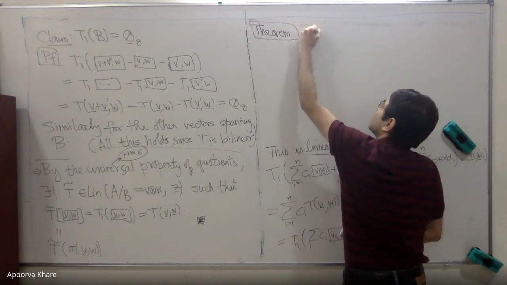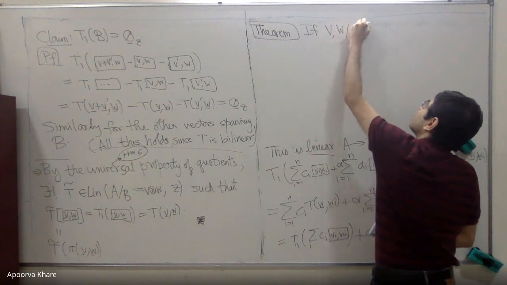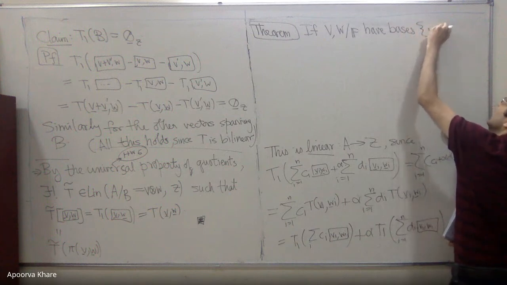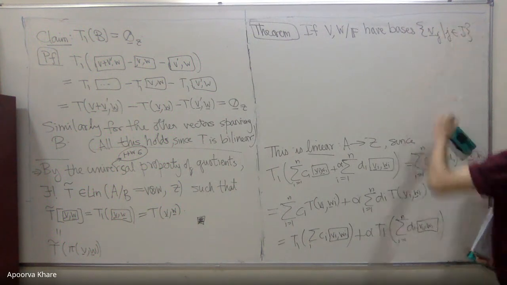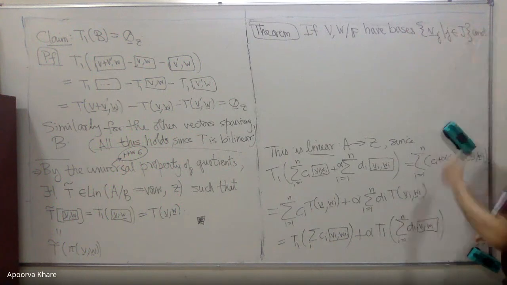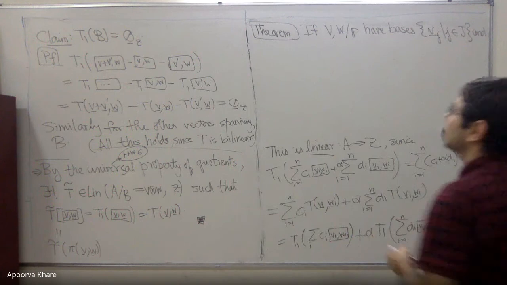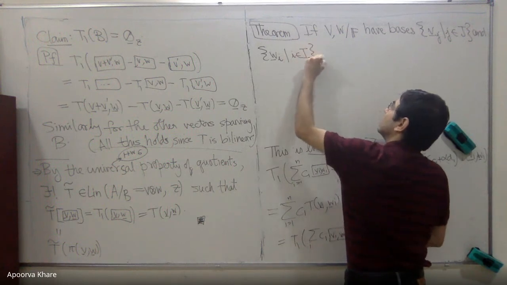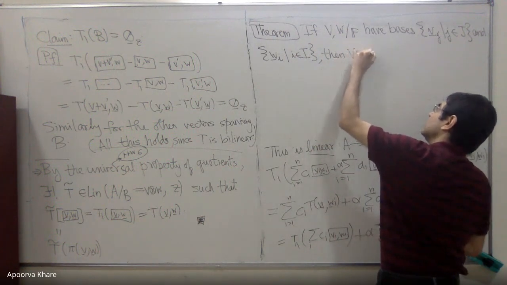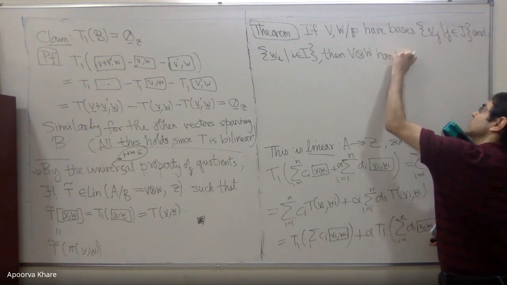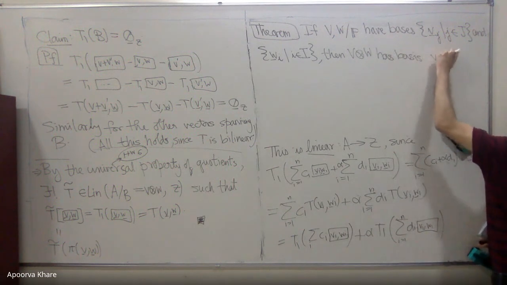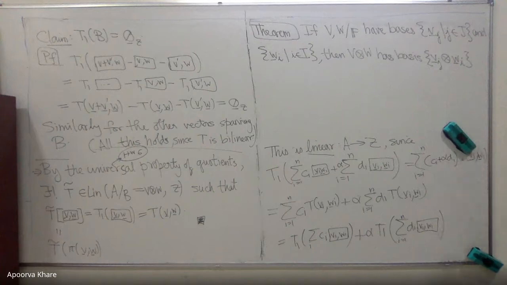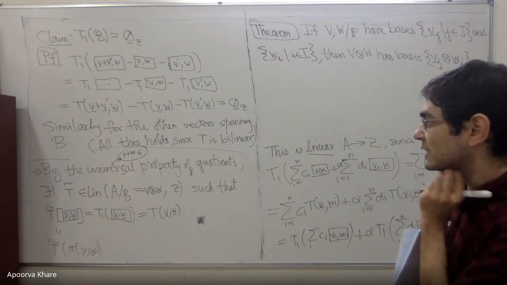So if V, W over F have bases Vj, let's say, and Wi, then V tensor W has basis Vj tensor Wi.